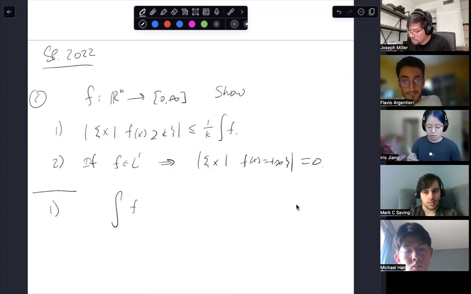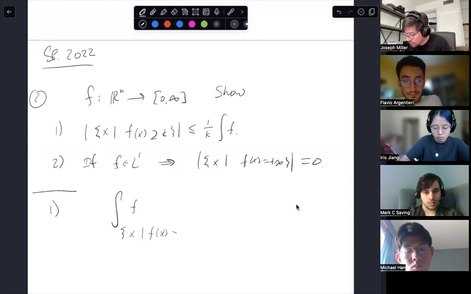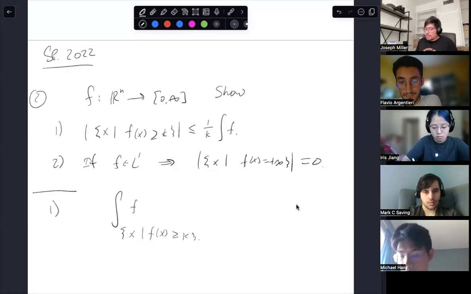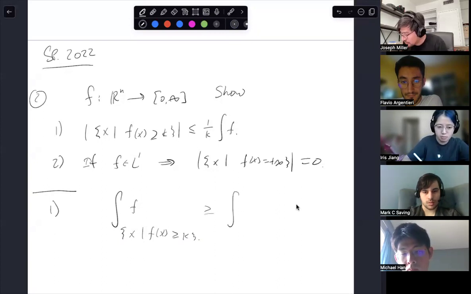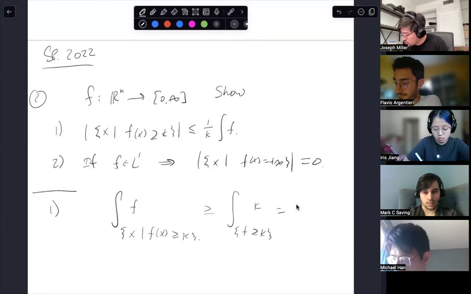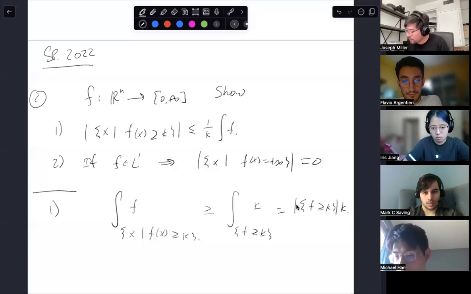If I integrate on the set where f is greater than or equal to k, how can I bound this integral? It has to be greater or equal to the measure of that set times k. Yeah, exactly. I'm using monotonicity on this set, f greater than or equal to k, where k is now a constant. This is just the measure of the set times k.